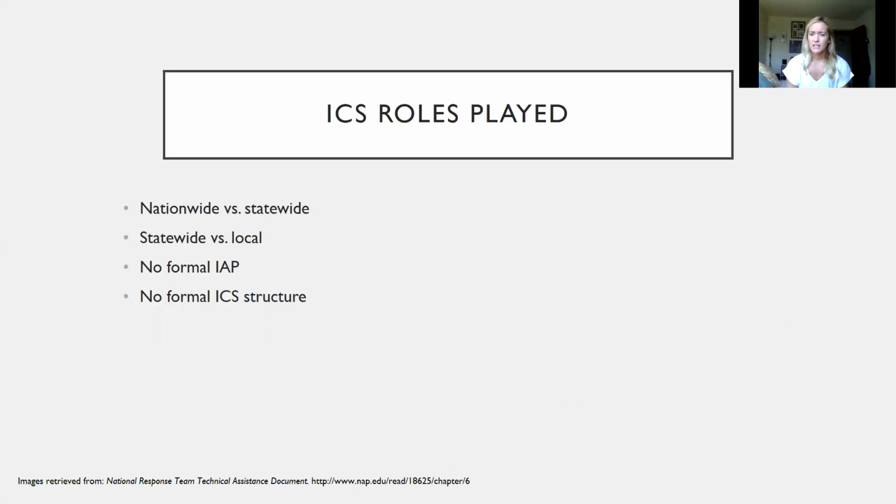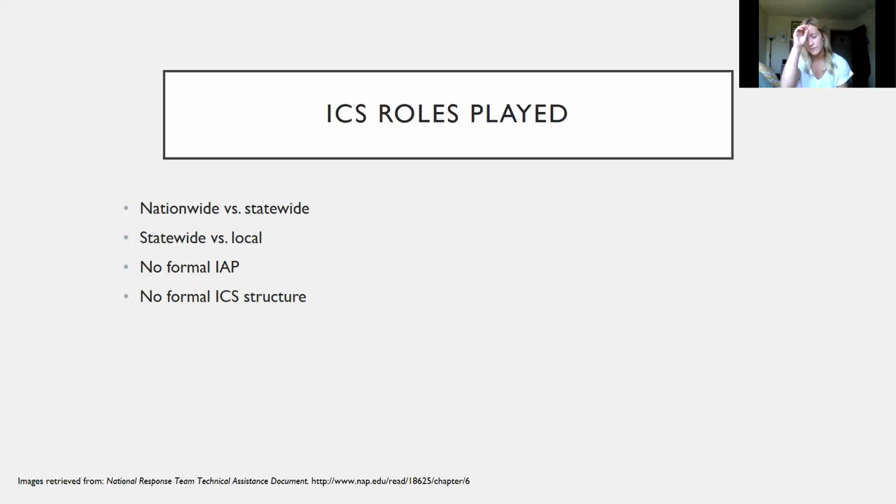So now I just kind of want to discuss the differences in ICS and the roles that were played during this event. So this was really not looked at as a nationwide event. It was really responded to on a statewide level, and even then, from statewide to local, it was a very individualized response.